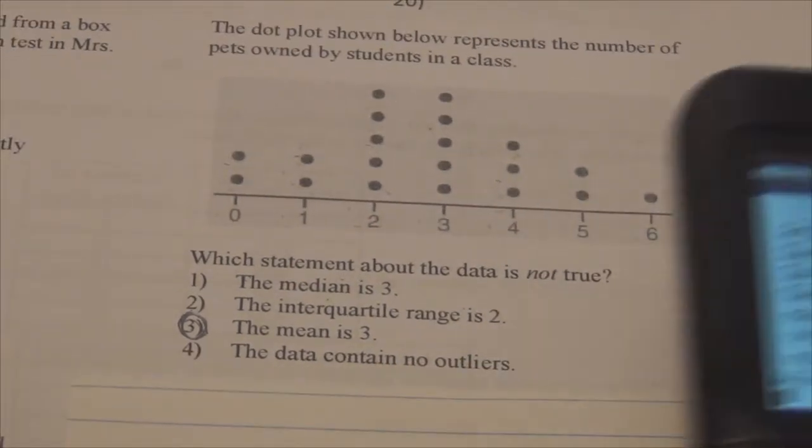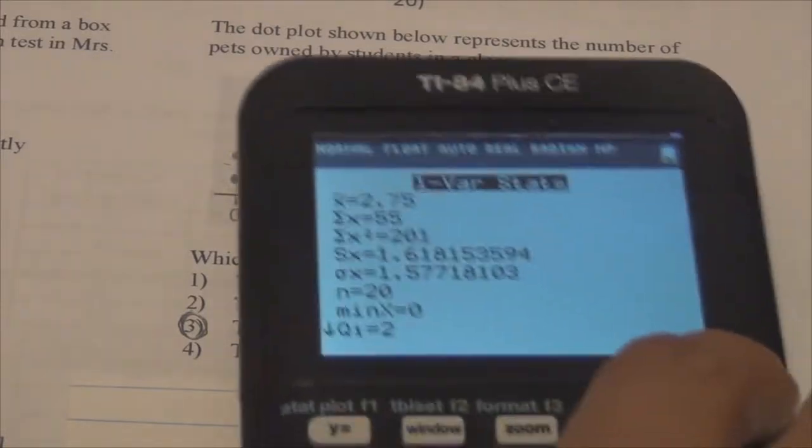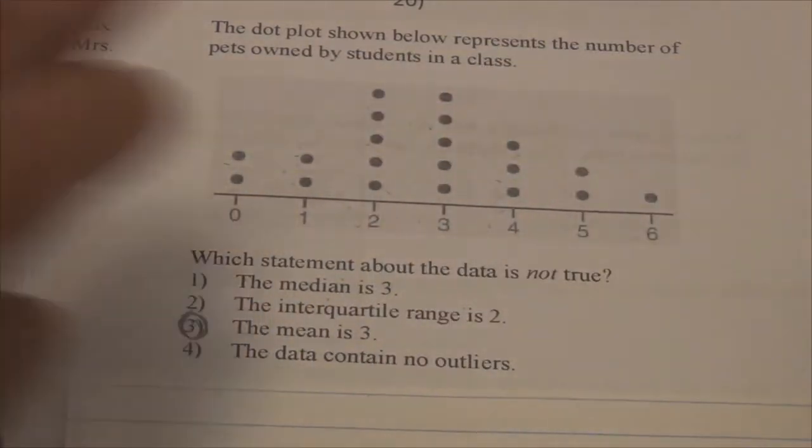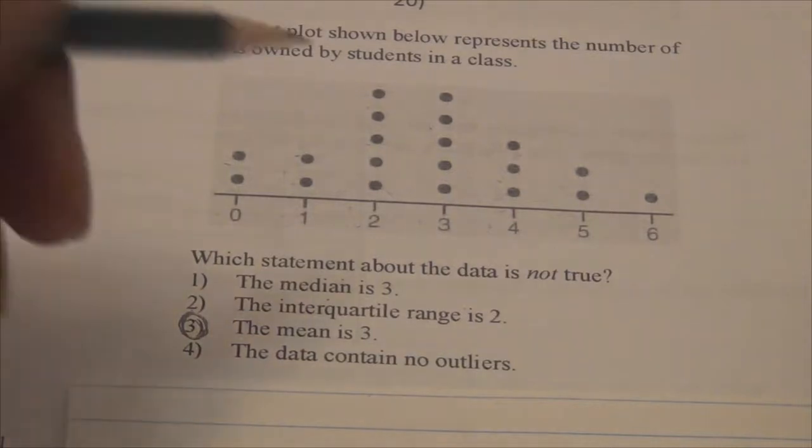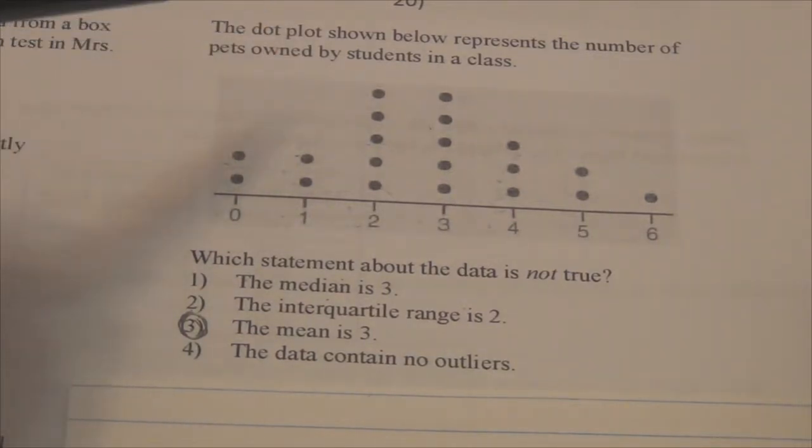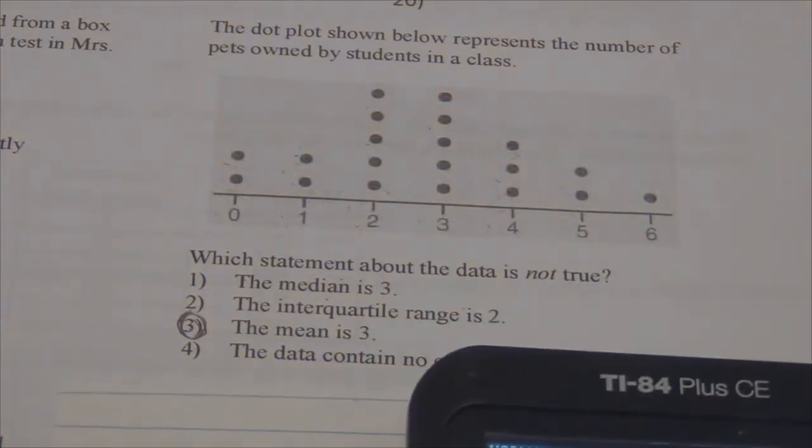The data contains no outliers. Okay, let me show you something. What is an outlier? A value that is way outside our range. I think I showed you how to find the outlier, but let's see now.